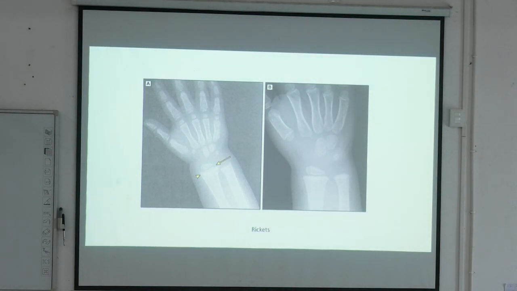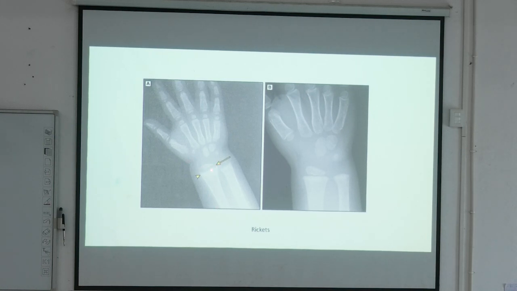Now, you see the classical X-ray findings of rickets. Cartilage is present at the site, like the epiphysis. Below the epiphysis there is the metaphysis and then the diaphysis.